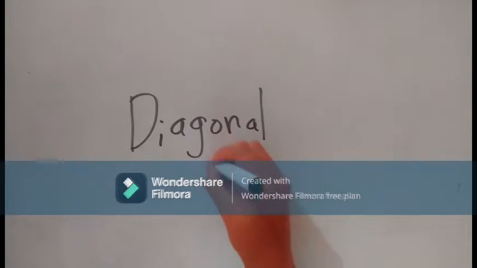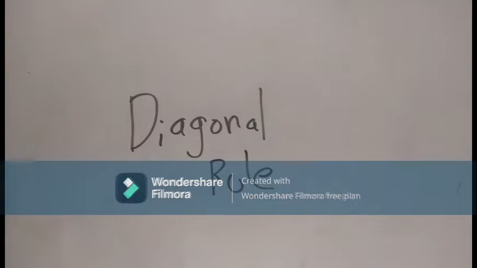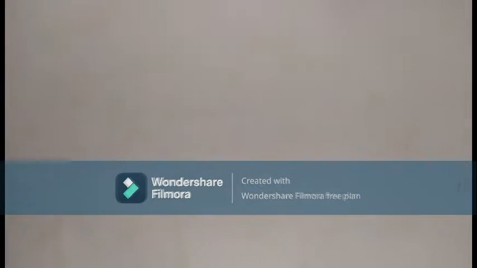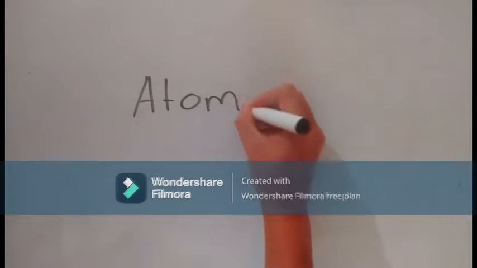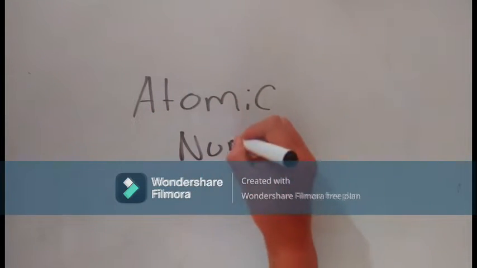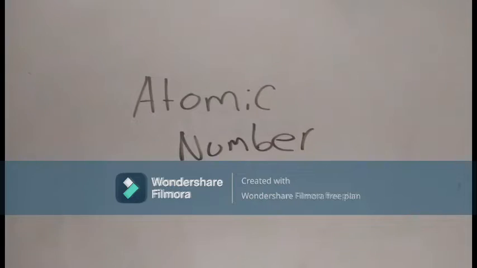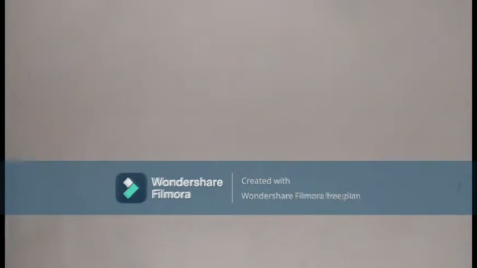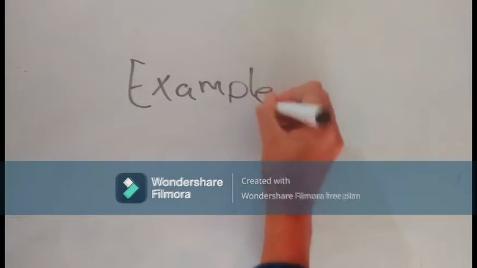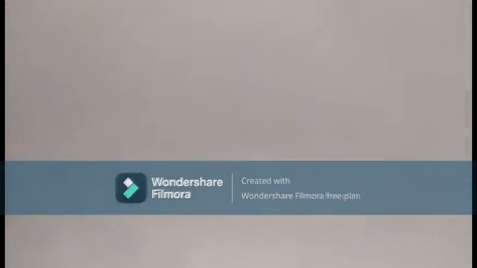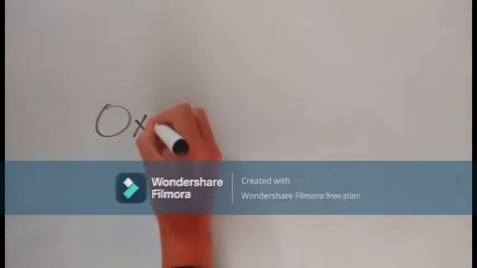But first, we have to know how to obtain the number of electrons, and therefore the atomic number. Let's take an example.